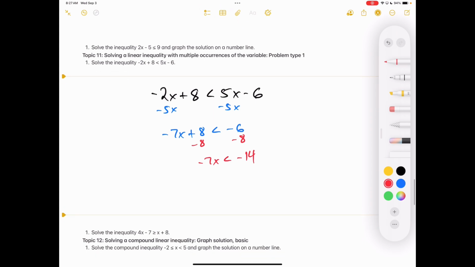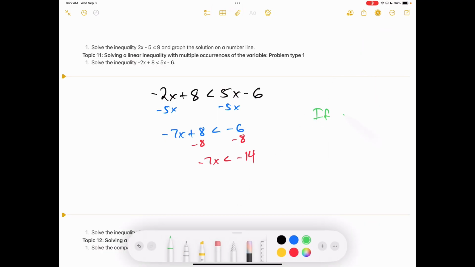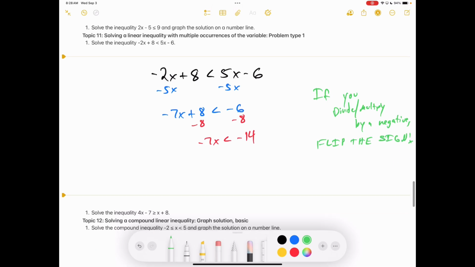Anybody remember the one catch now? Yes. If you divide or technically multiply by a negative, you have to flip the sign.